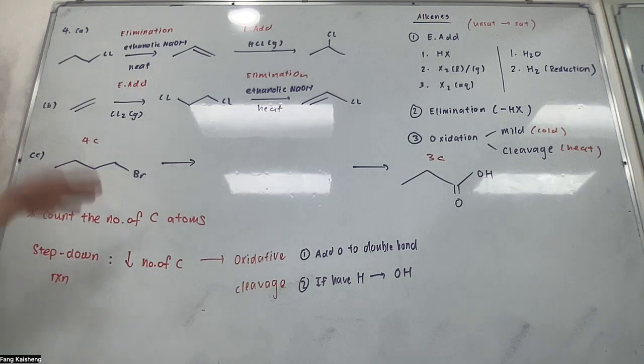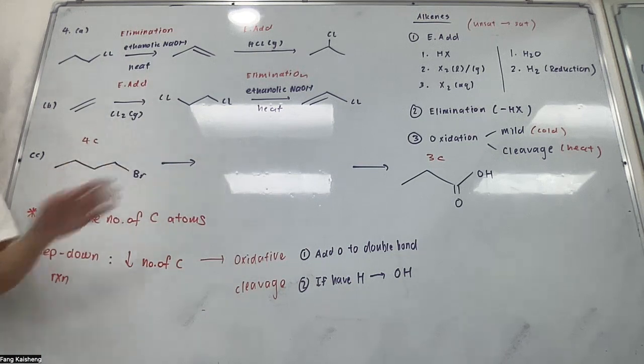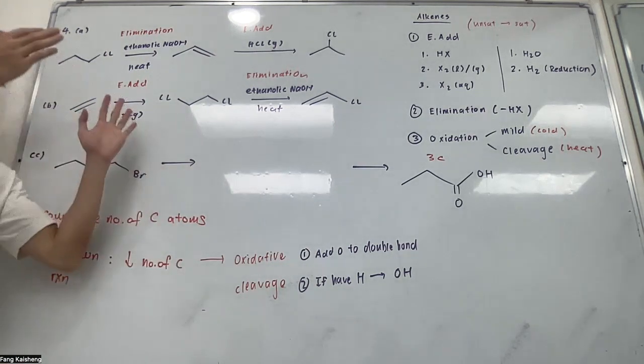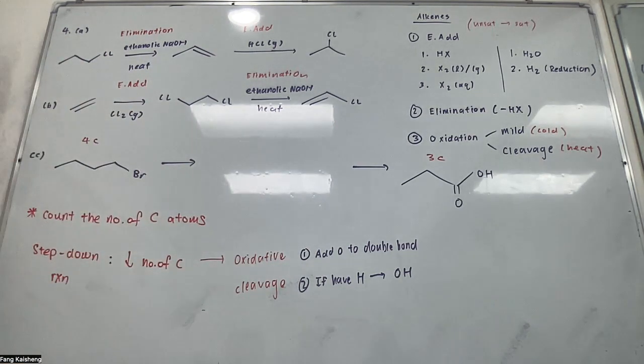Okay, let's go over this. Why is this step-down reaction thing significant? It's because it tells you oxidative cleavage must happen. If not, you're going to stare at this for the next 50 minutes and nothing's going to come to your head. Oxidative cleavage must happen, and oxidative cleavage is only for alkenes. I don't have an alkene. How do I make an alkene? That's my first question.